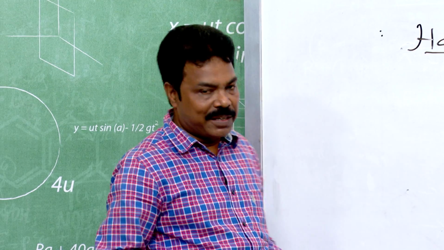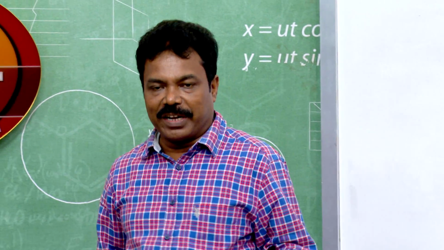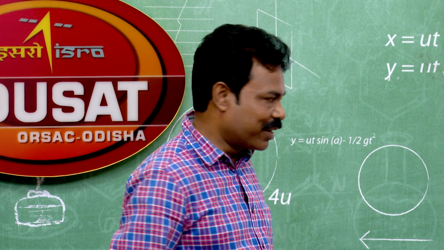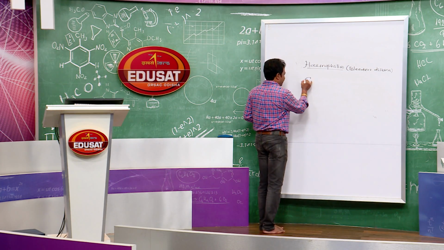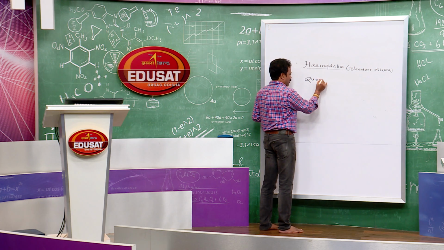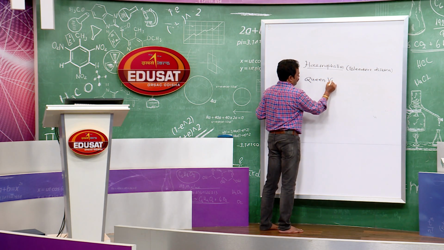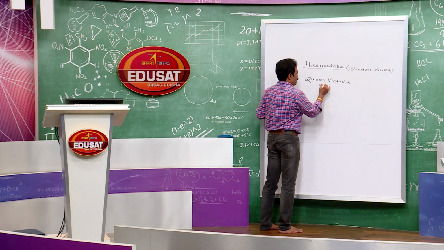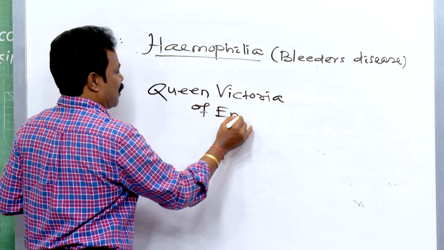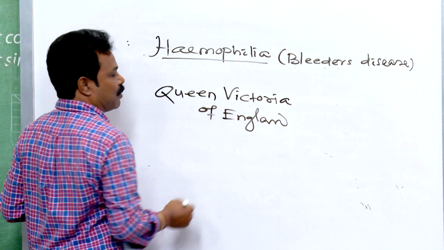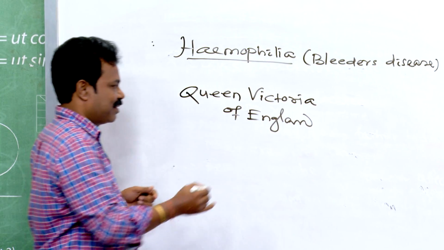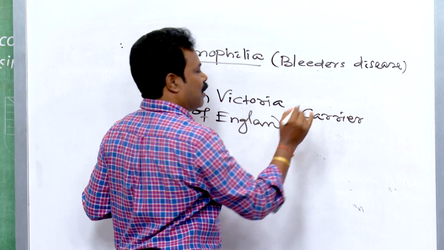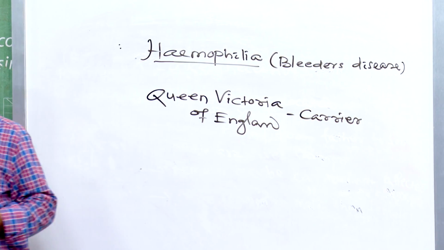Hemophilia is also popularly known as the royal disease, as Queen Victoria of England was a carrier of this disease, right?